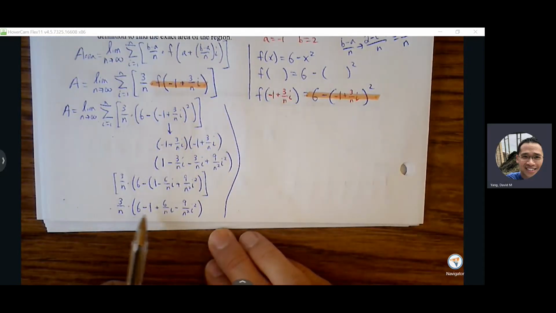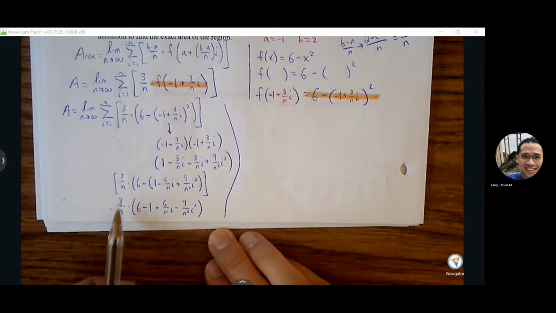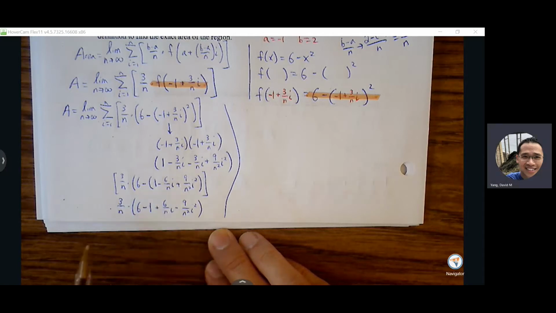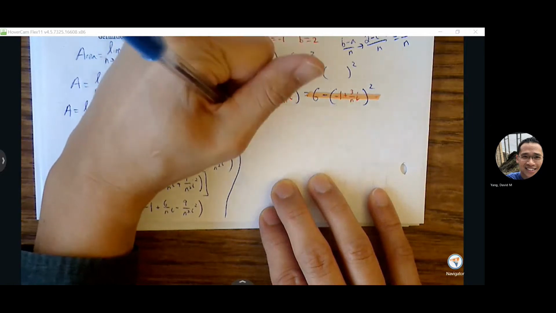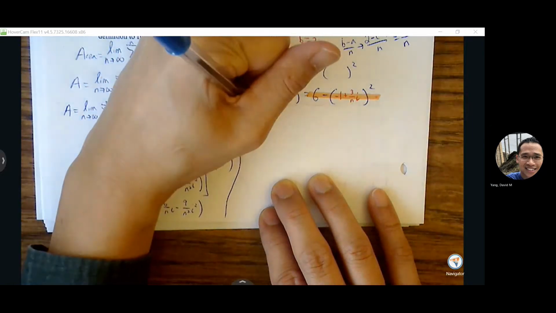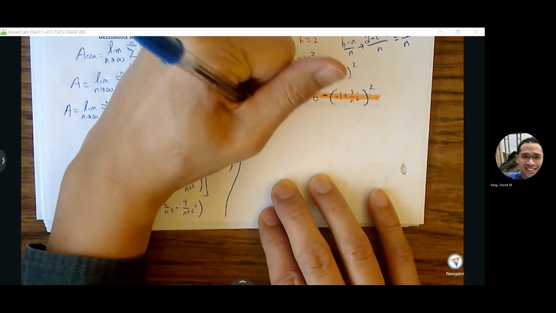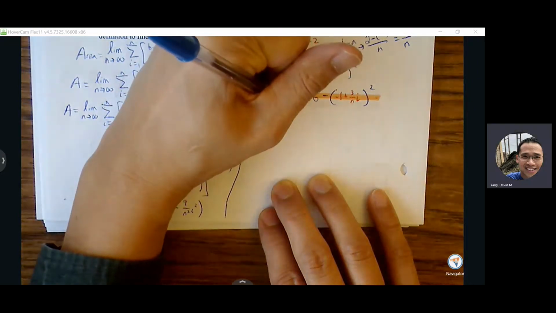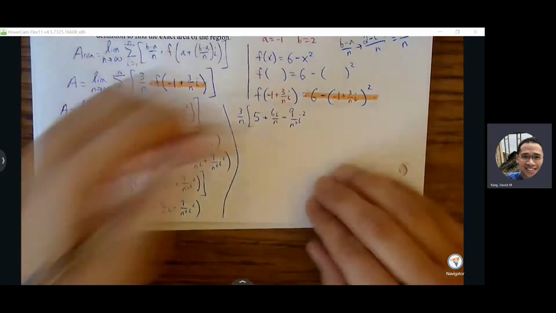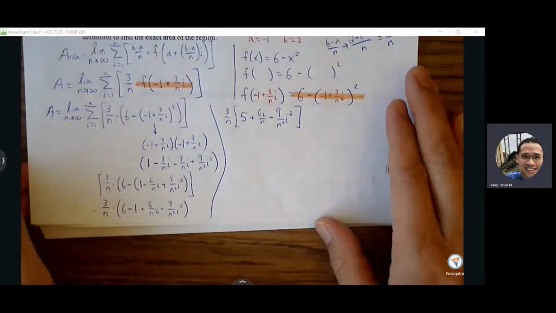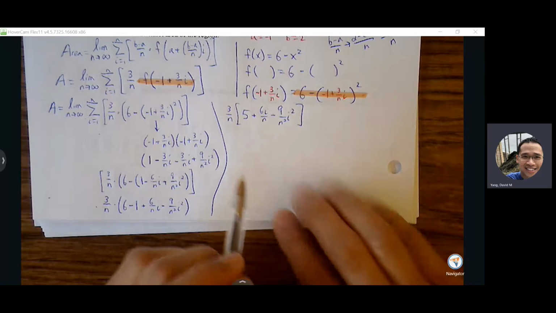Combine like terms, 6 minus 1 is 5. And I'm going to start distributing the 3 over n through. Multiply the 3 over n.